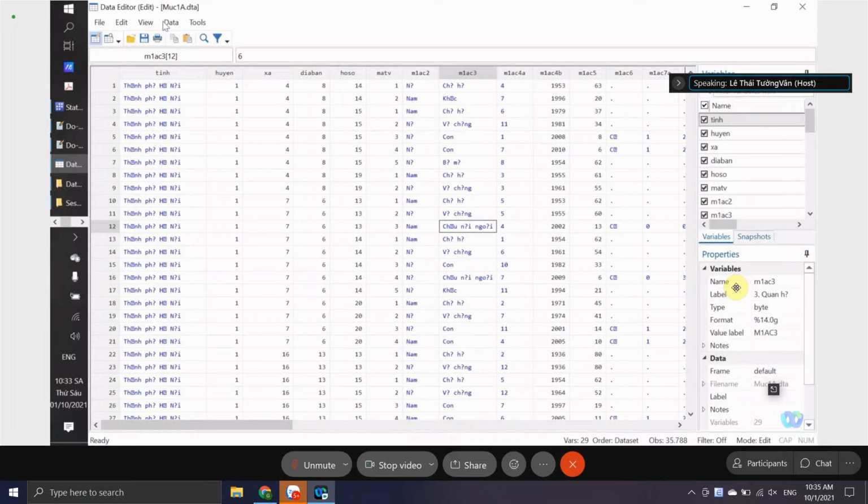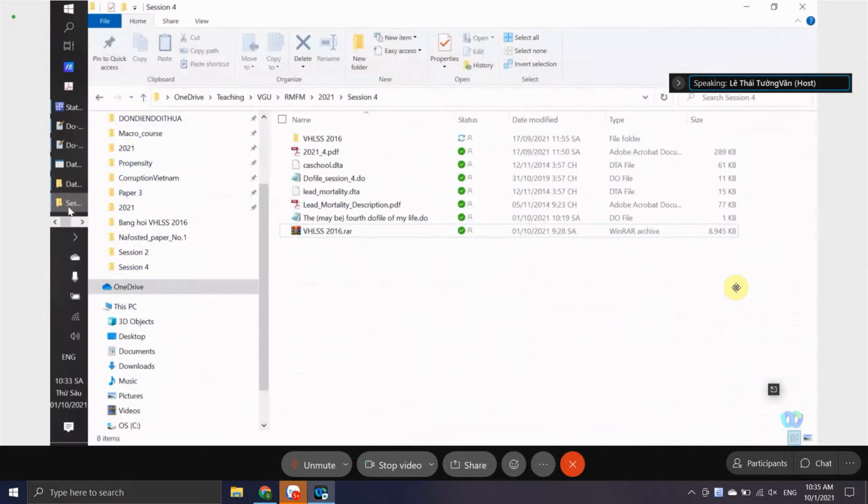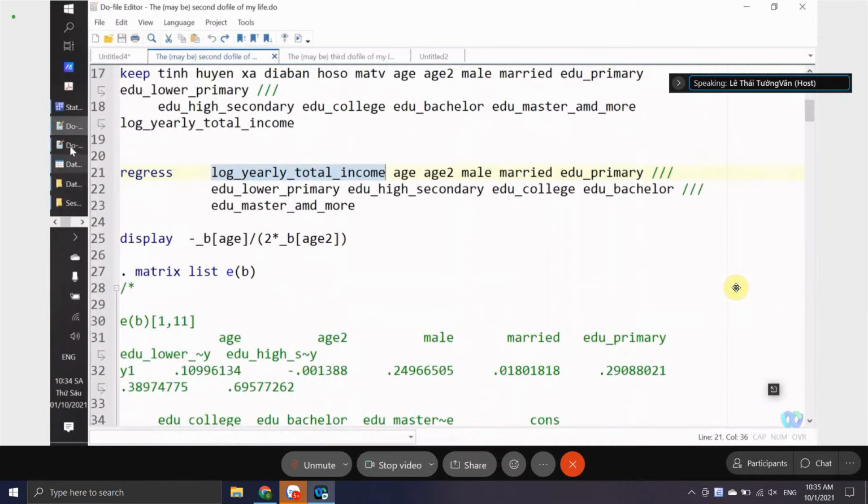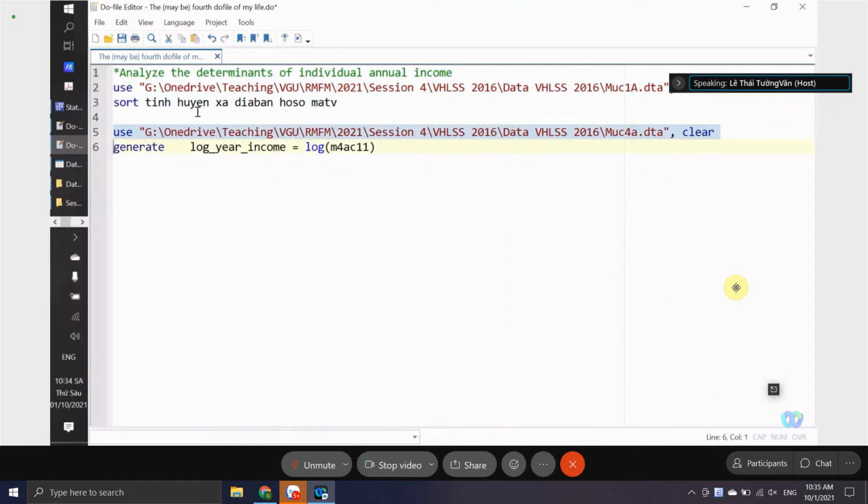Now if we open section 4A, now I will open it and I'll show you. You have a look here. I open section 4A.